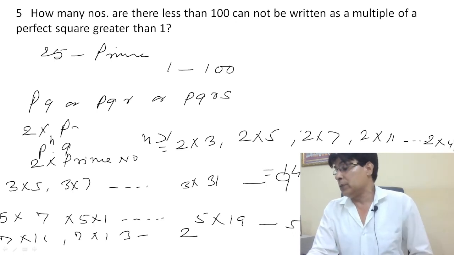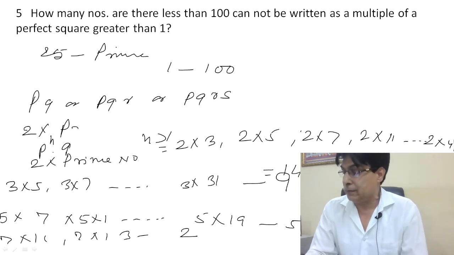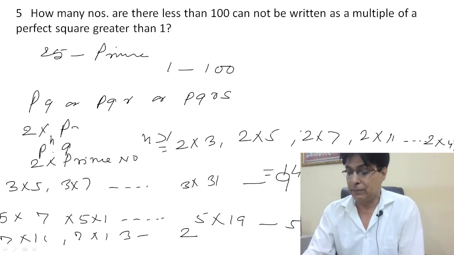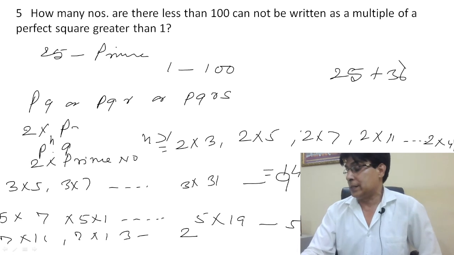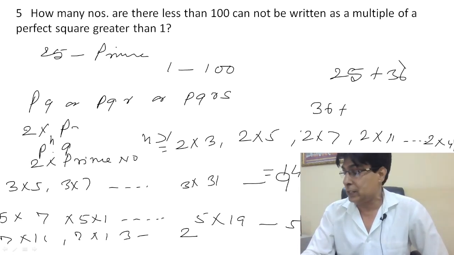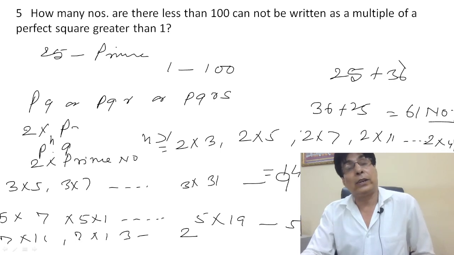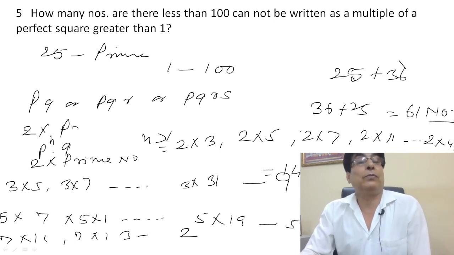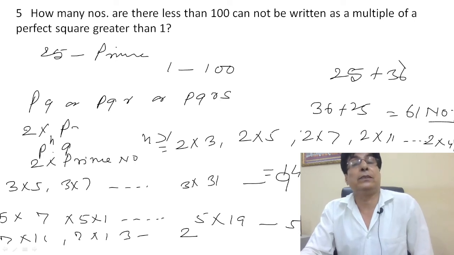Adding 1 to this list, total 36 composite numbers along with 25 prime numbers. Hence, the total number is 36 plus 25, which is equal to 61 numbers that are not multiples of perfect squares greater than 1, and 61 is the correct answer.